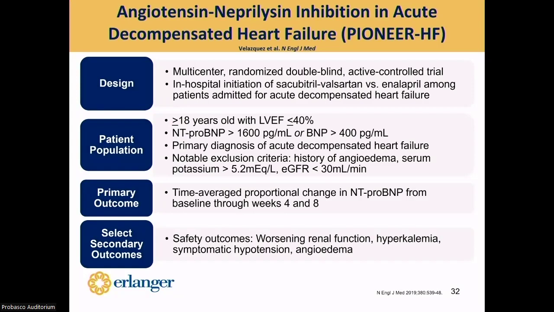They did screen patients based off of their GFR, serum potassium, and any history of angioedema, as that would contraindicate them to these medications. Their primary outcome was looking at the change in NT-proBNP, which is one of the markers of cardiac stress that's released in acute decompensated heart failure. And they looked only for a follow-up period of 4 to 8 weeks.